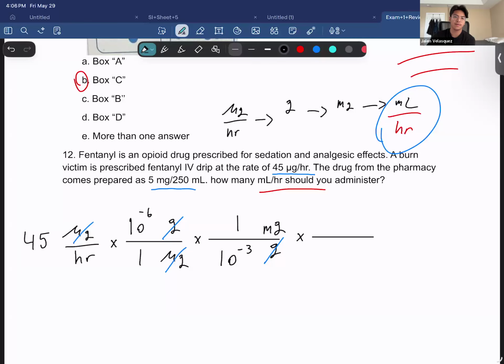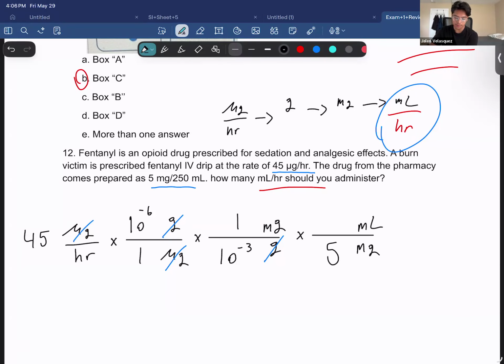In the problem, we have a conversion factor, right? So let's write the units first. The drug is coming prepared as 5 milligrams for each 250 milliliters, right? And then you can check your units. The milligrams cancel.